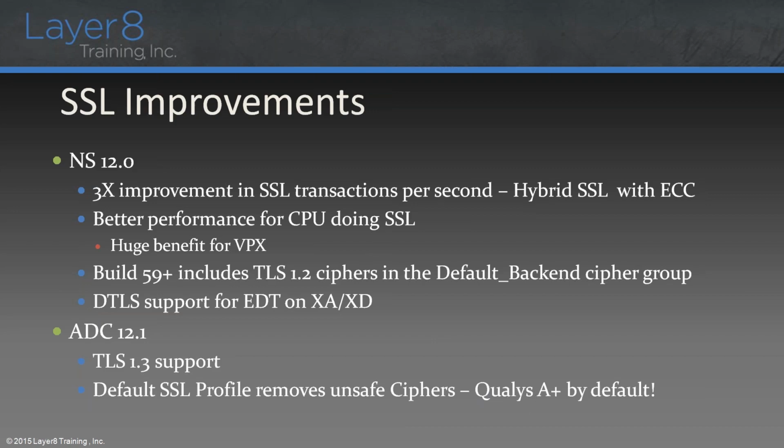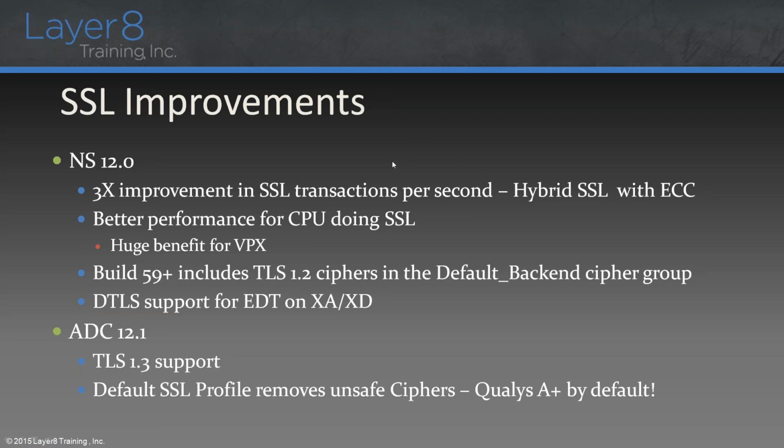Do you meet the A+, and are you doing what you're supposed to do? Oftentimes, out of the box, we're not. And so you've got to go in and follow some of the guides out there to whittle down what we're doing, refine it, hone it in, and make it a little bit more secure to get us up to the A+ rating. Guess what? Now we can roll out 12.1, and we can get that by default. So a big improvement that they've thrown in here to help us out with that.